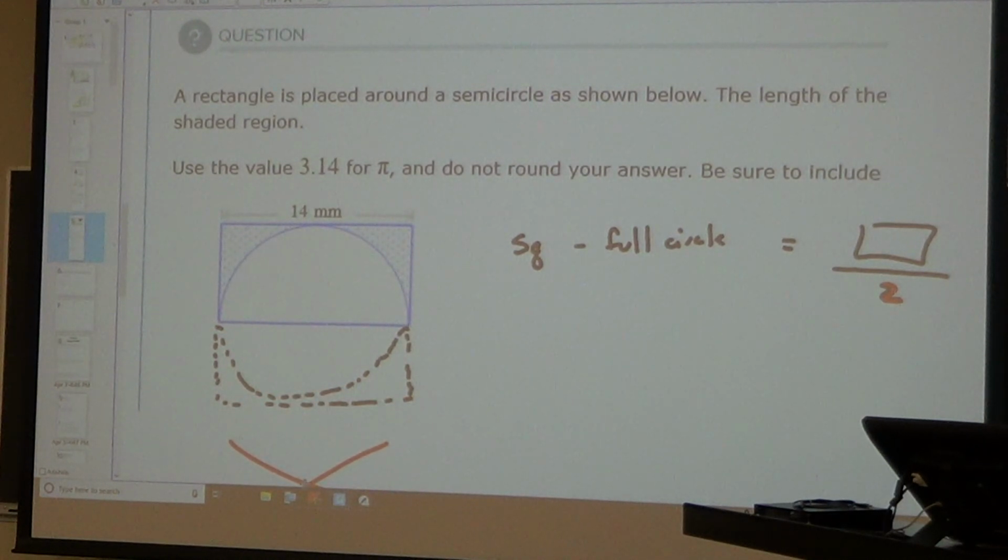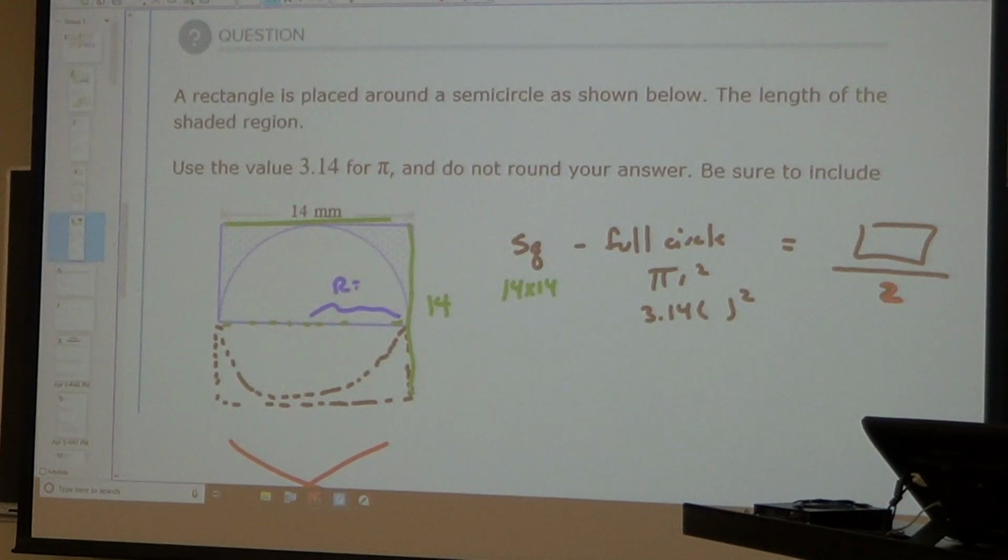So let's do this first part. If that's 14 on the side, that makes this 14, which is a 14 by 14. So if this is 14, when I do my pi r squared, what is my radius going to be?